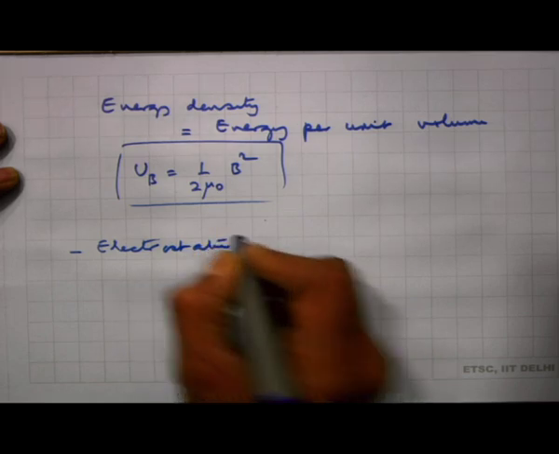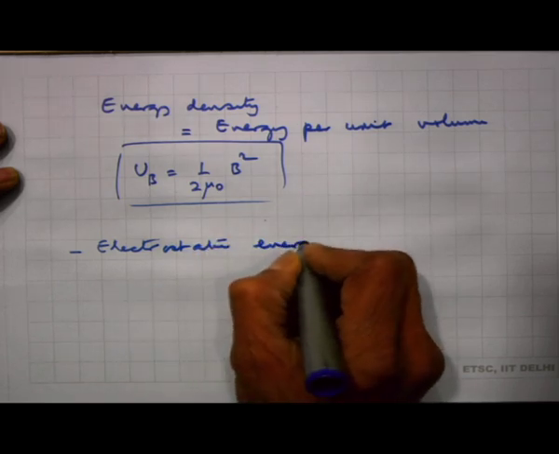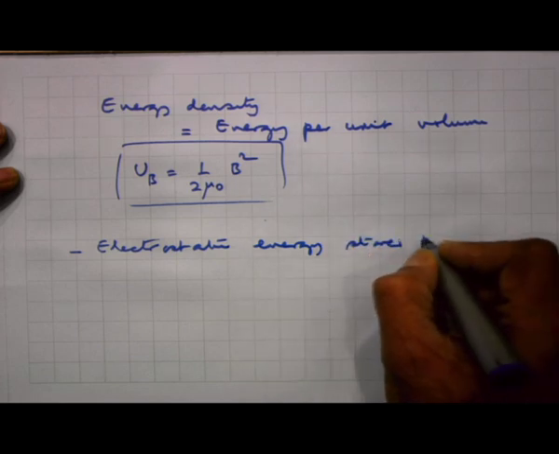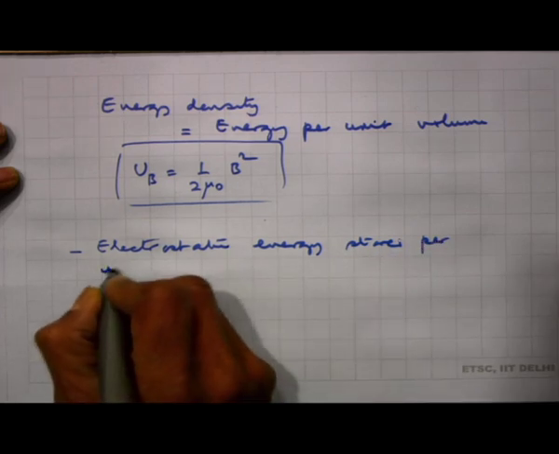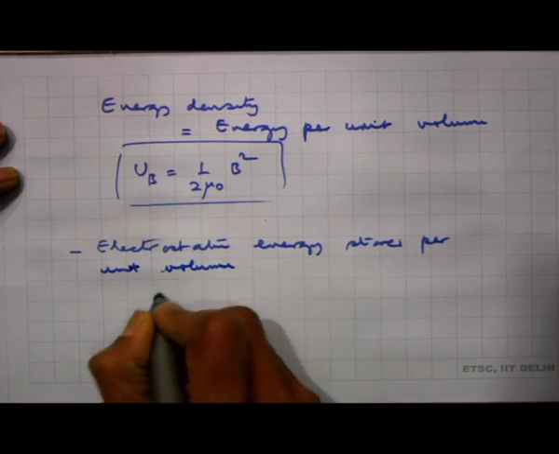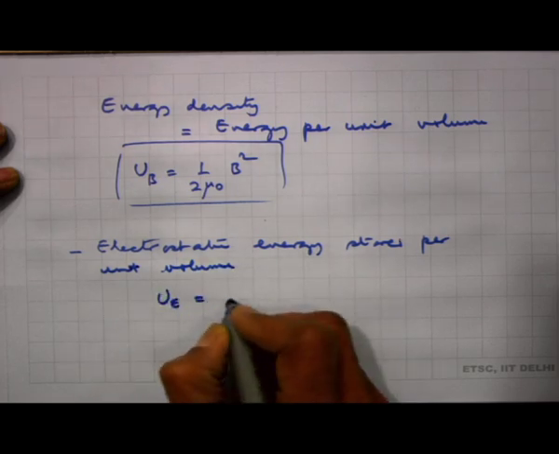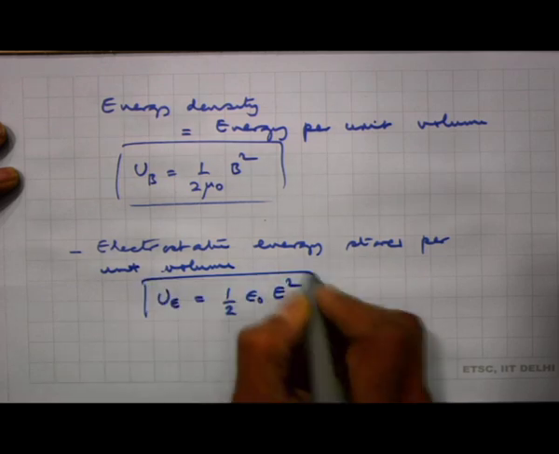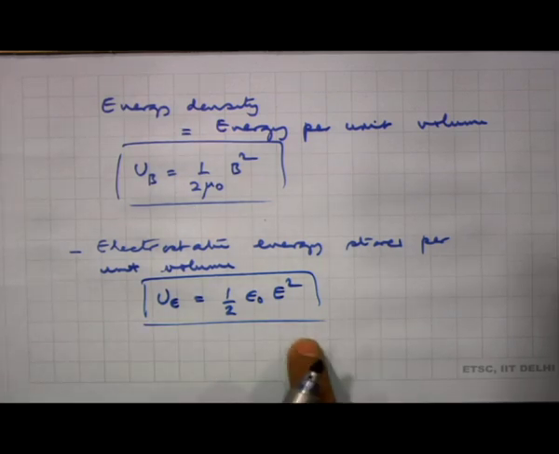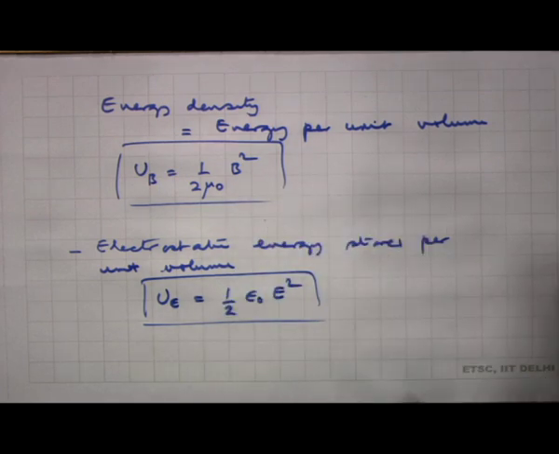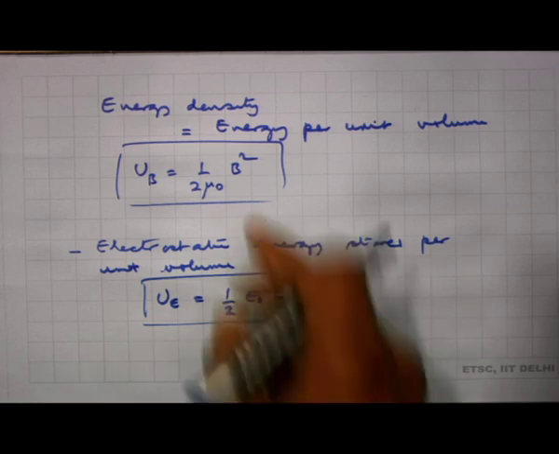Electrostatic energy stored per unit volume, U E, was 1 by 2 epsilon 0 E square. That is the energy density of electrostatic fields, that is the energy density of the magnetic field, and they are similar relationships. Epsilon 0 gets replaced by 1 by mu 0 here.